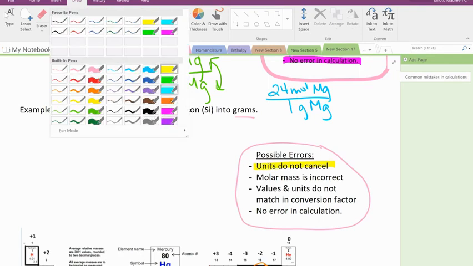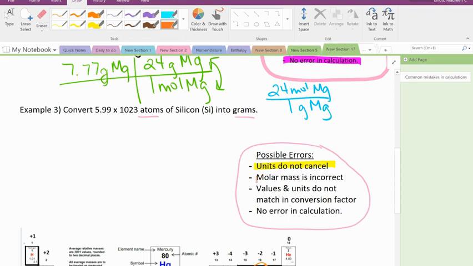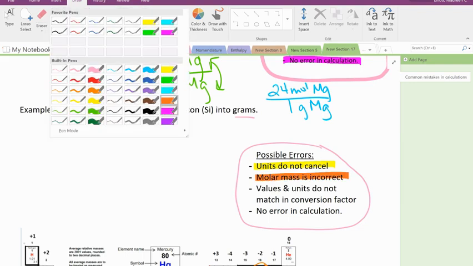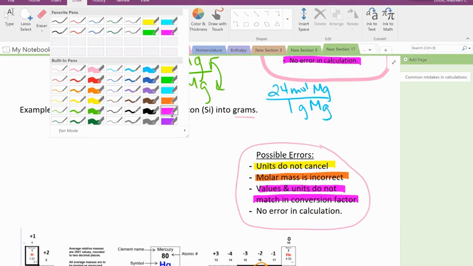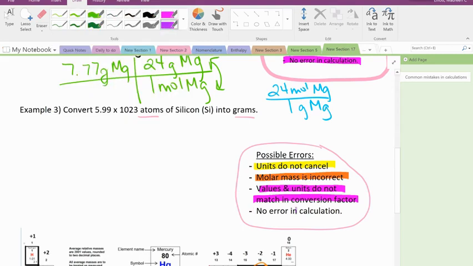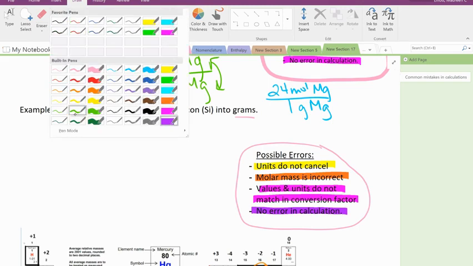Another possibility, since I'm working with molar masses, is that a molar mass is incorrect. The next one, which is similar to the last one, is that the values and units don't match up in their conversion factor. And finally, there's a possibility that everything is actually great and there are no errors at all. So let's take a look at how to do this correctly, and then we can see where a mistake could be made.